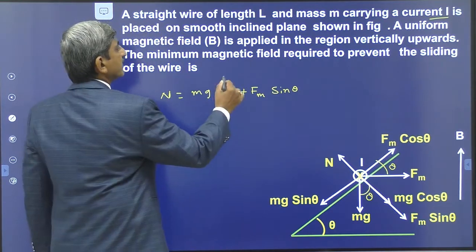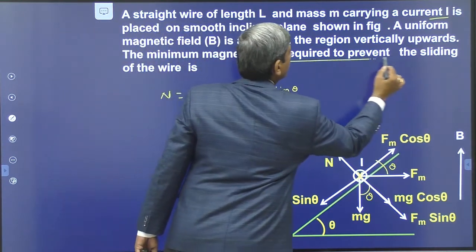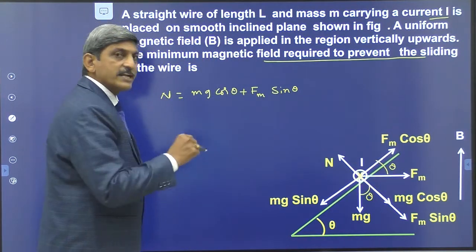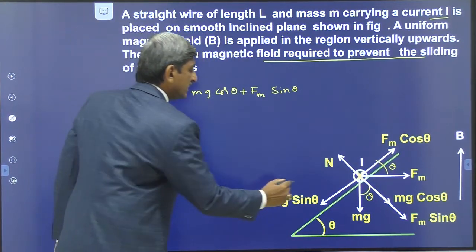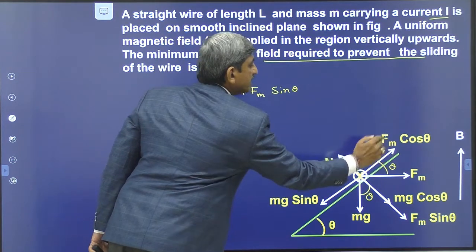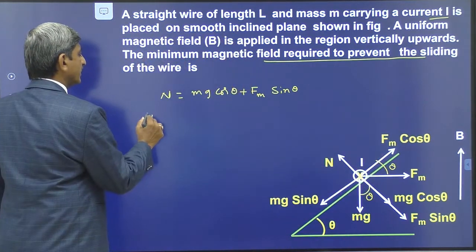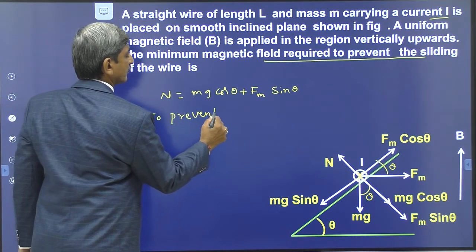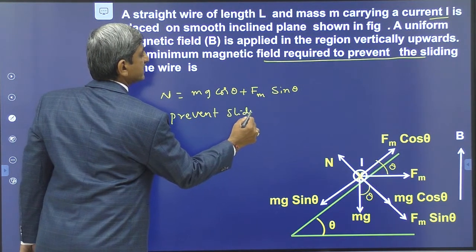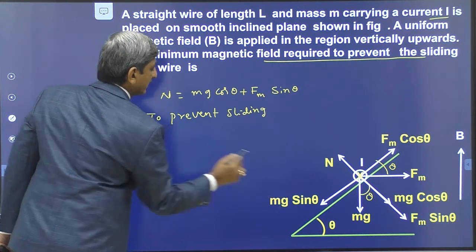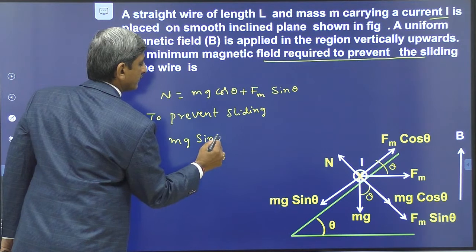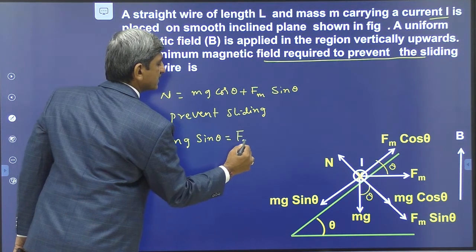In the problem it is given that the field is required to prevent the sliding of the wire. So the sliding of the wire is prevented only when this mg sin theta is balanced by this Fm cos theta. That's why to prevent sliding, this mg sin theta is equal to Fm cos theta.